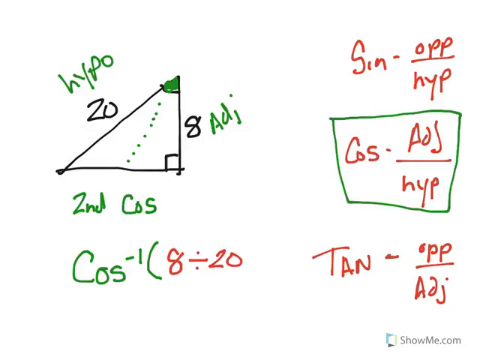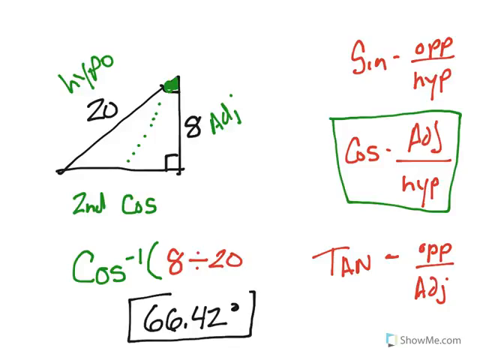And in my calculator here, I get a result, and hopefully you get the same thing, of 66.42 degrees. Works for me. So I hope that's not too bad on the second one.